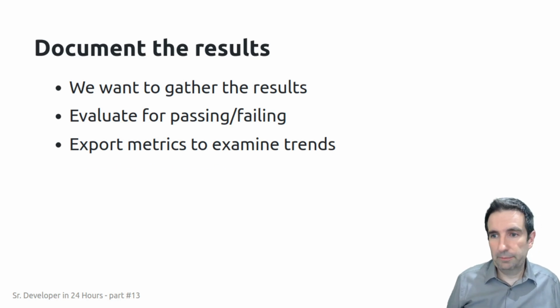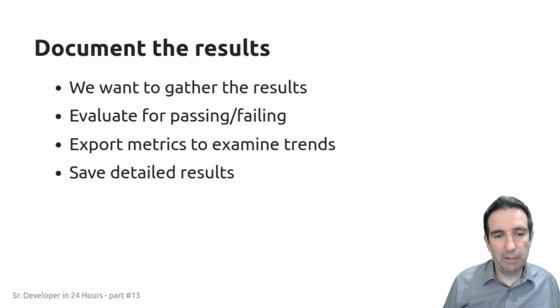Things like that. We want to save detailed results in case we have to go and troubleshoot why something is failing. Not only do we want to save the results of tests that fail, but sometimes it is also useful to have detailed results of tests that succeeded so that we can compare them in case they start failing.